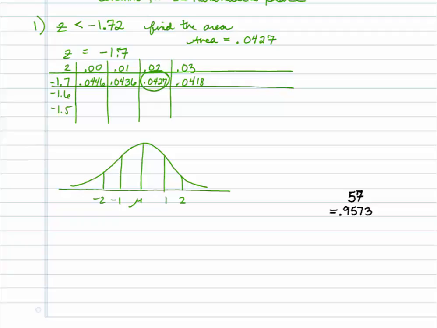If you are calculating here, which is -1.72, if you want to find the area to the right, there is no separate chart.